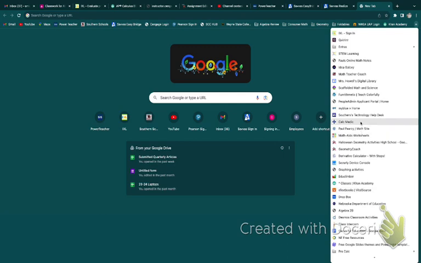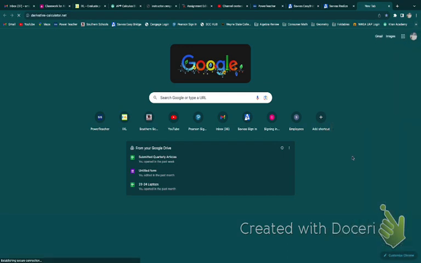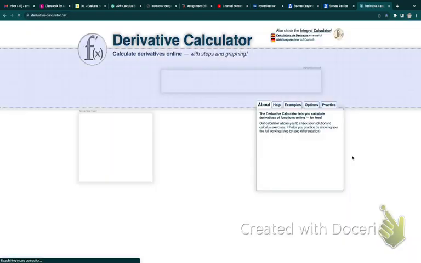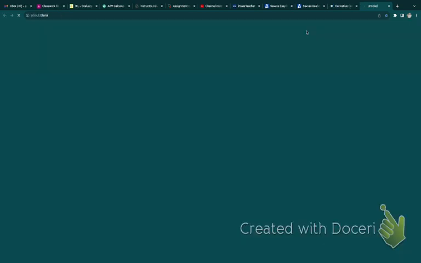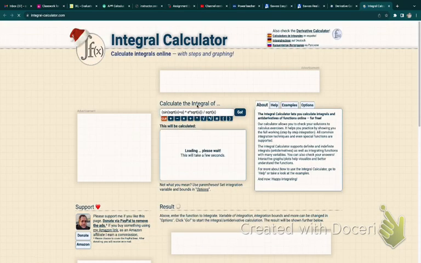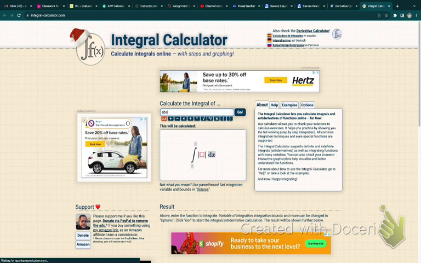Oh, I always lose it. Okay, on the derivative calculator, up here, see it says integral calculator? And you can put an integral in. We just did absolute value, right? So ABS of, what was that equation? 2x minus 1.